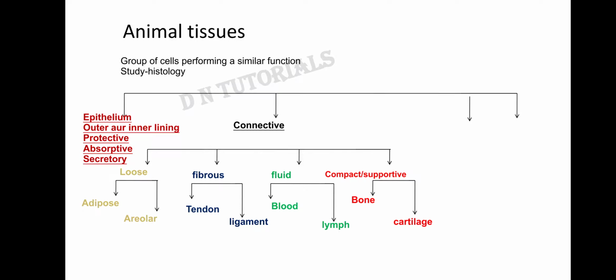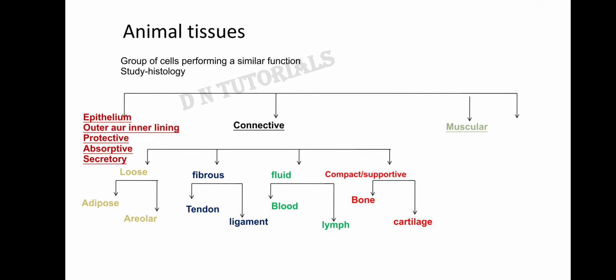If the matrix is fluidy, just like a liquid, it is called fluid connective tissue. Here we'll learn about blood and lymph. And the fourth category is the compact or the supportive connective tissue. The name tells us the matrix is highly compact, making it a rigid structure. Here we'll learn about bones and cartilage. The third category of animal tissue is the muscular tissue.